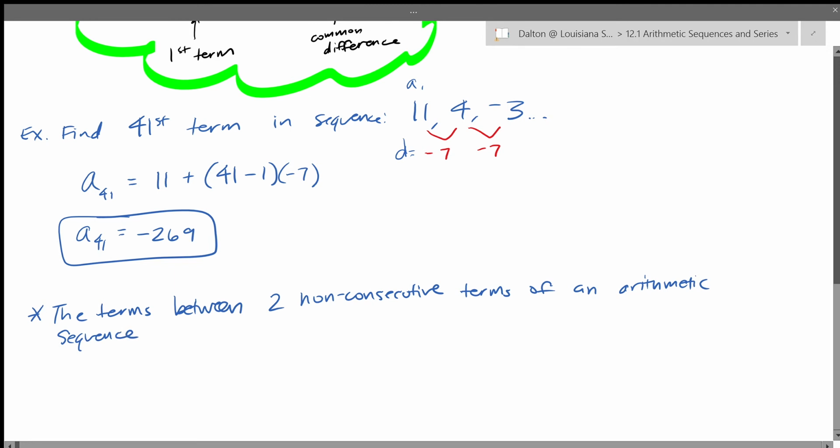The terms between two non-consecutive terms, so that just means two terms not next to each other, not a sub 1 and a sub 2. It might be like a sub 1 and a sub 10. They are called arithmetic means.